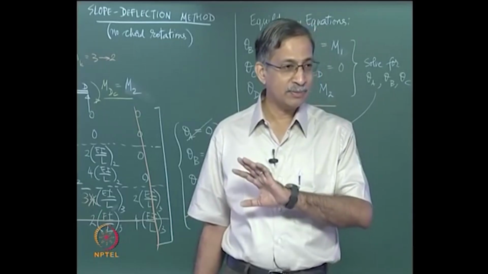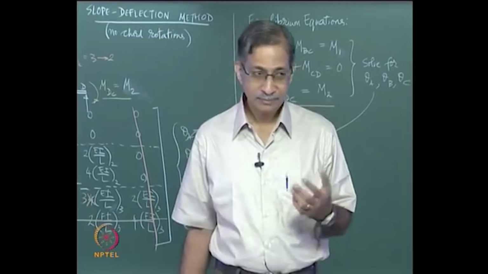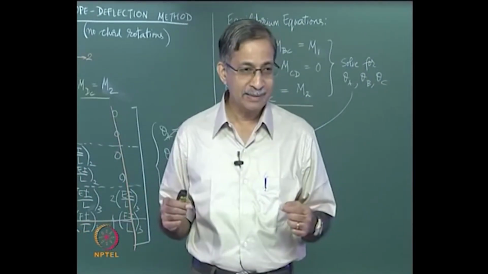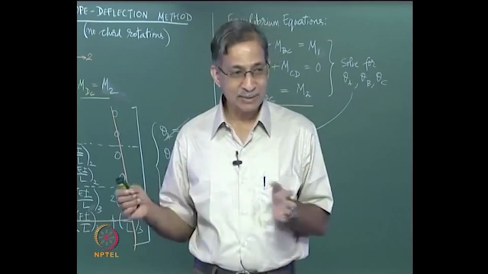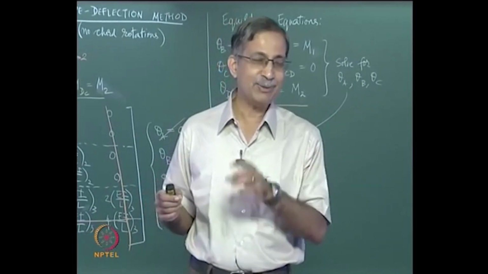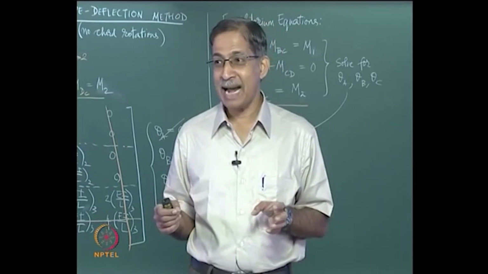If you ignore axial deformations, it reduces to 3: theta B, theta D, and the sway of BD, right? But there is symmetry here. So that sway is 0. So you have only theta B and theta D. But even that you can reduce. Both are equal and opposite.